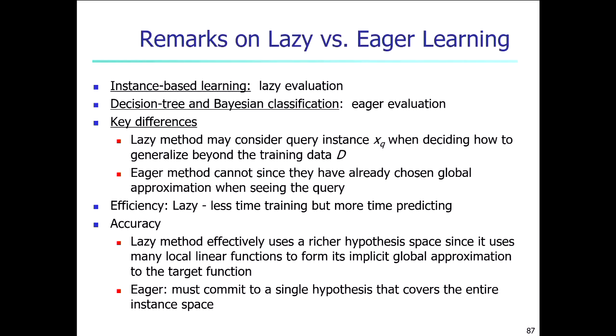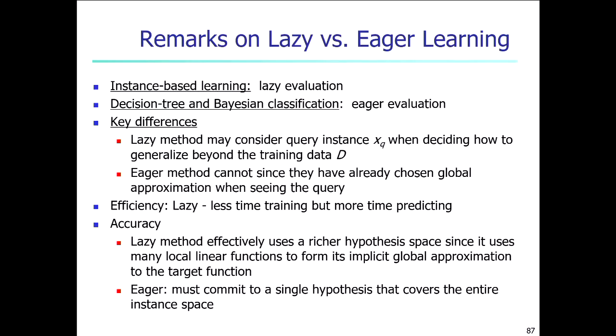The difference between lazy learning algorithms like kNN and eager learning algorithms like decision tree and naive Bayes is that the lazy method may consider a query instance when deciding how to generalize beyond the training data D, while the eager method cannot, since it has already chosen a global approximation before seeing the query.